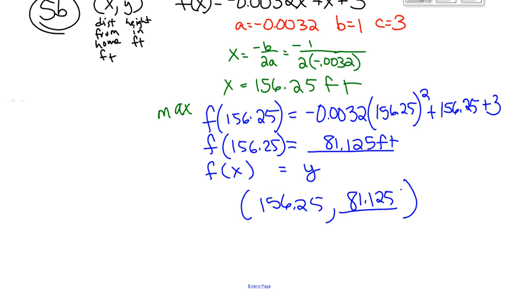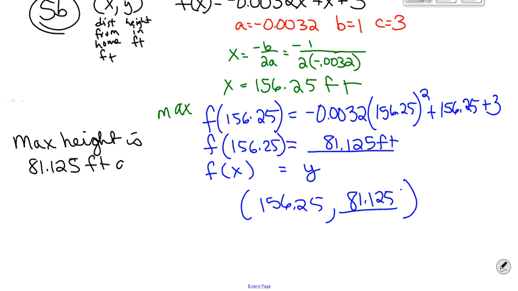So we can say the maximum height is 81.125 feet, and it occurs, since x is the distance from home plate, 156.25 feet from home plate.